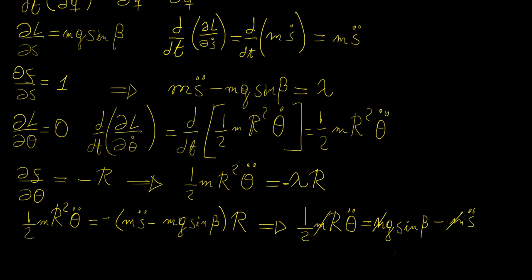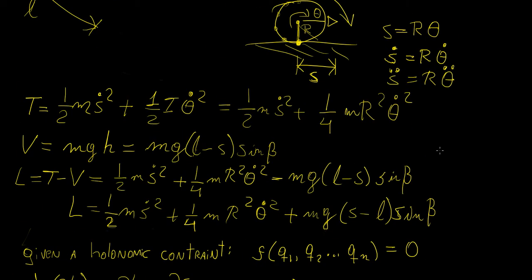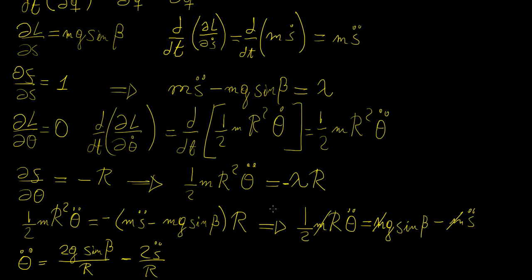And now this is going to leave us with the following equation. Theta double dot is going to be equal to 2g sine beta over r minus 2s double dot over r. So now if we want to find out what theta double dot is, we can use the following equation that we already derived here. So basically second derivative is going to be to that, so we use another substitution.